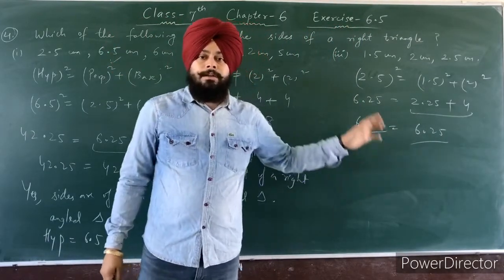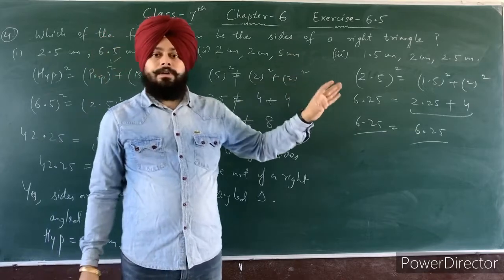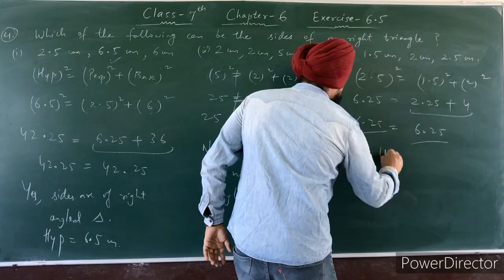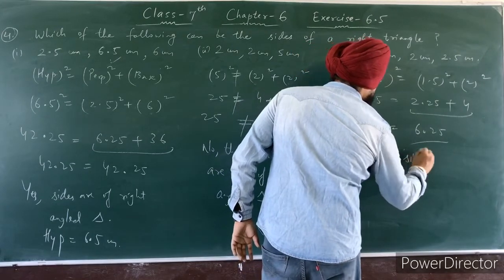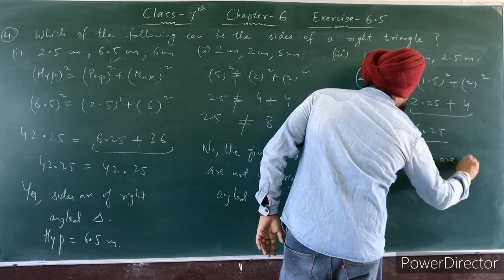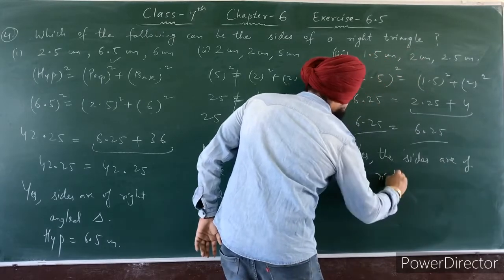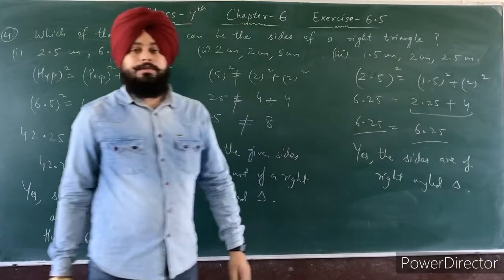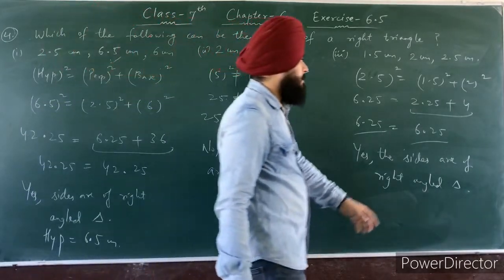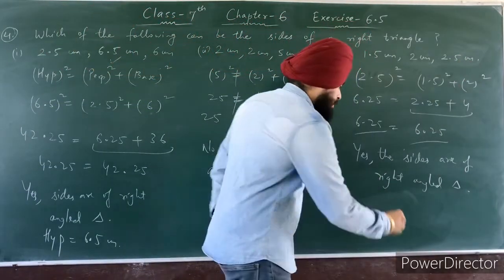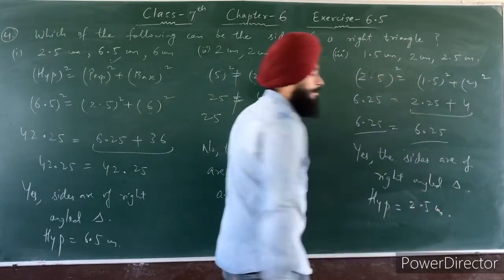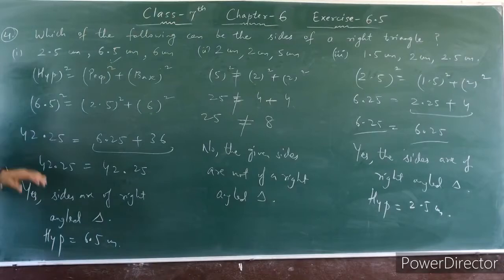So that's why these given three sides are of a right angle triangle. The largest side is 2.5, so the hypotenuse is 2.5 centimeter. So this is your question number 4.